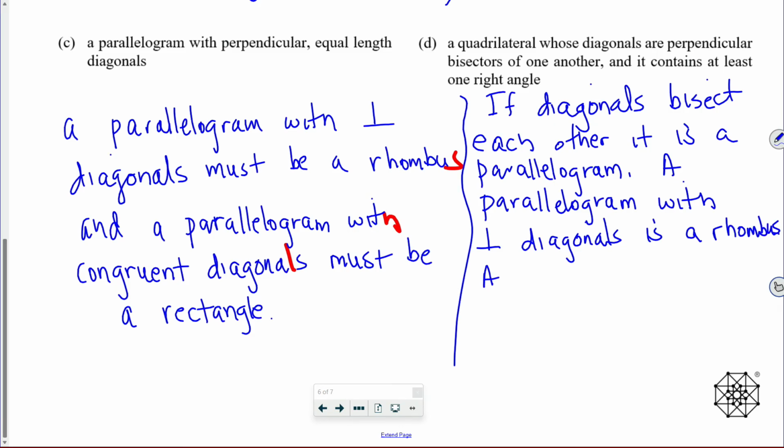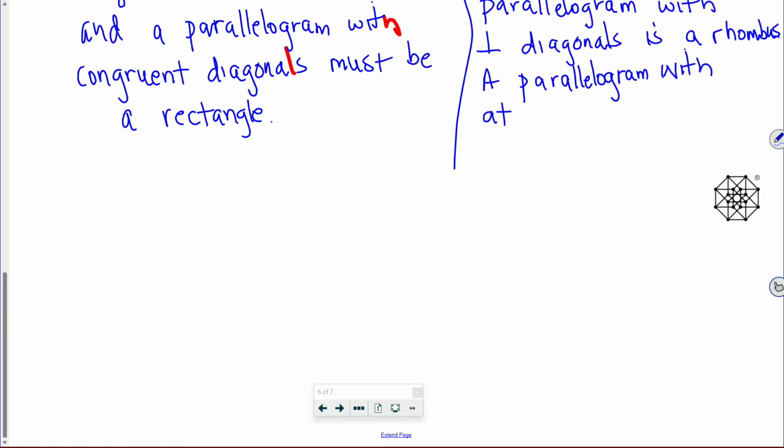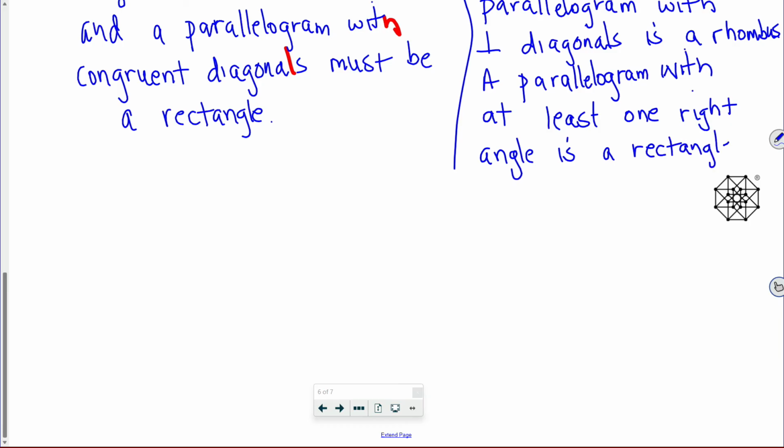And a parallelogram with at least one right angle is a rectangle. Whew, that was a tough one, right?